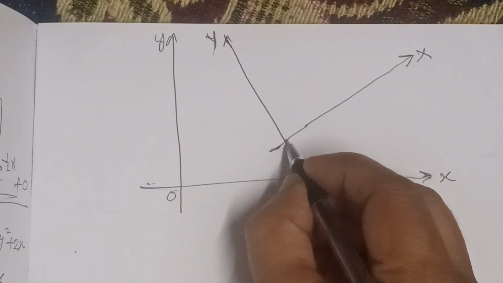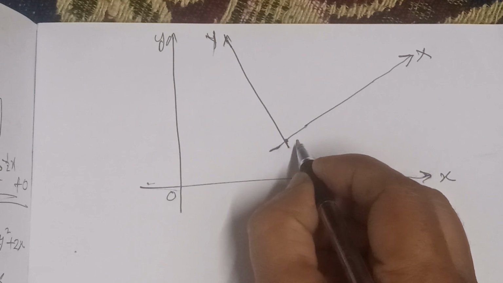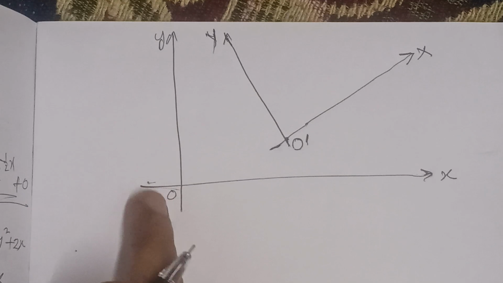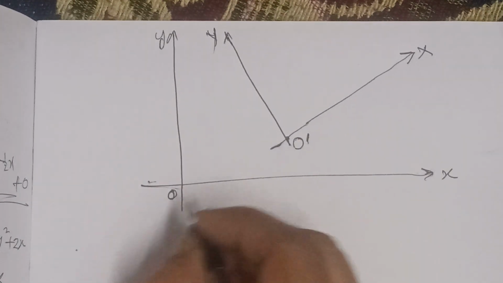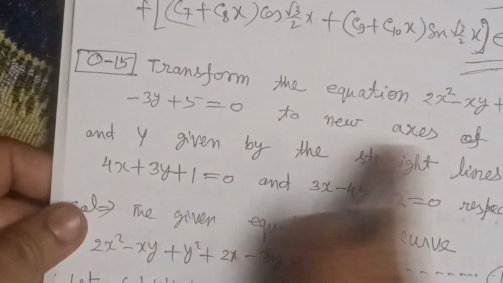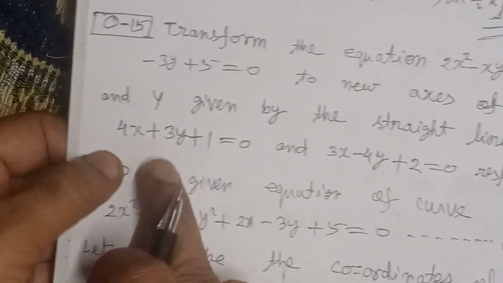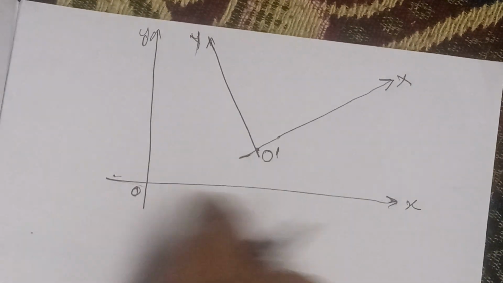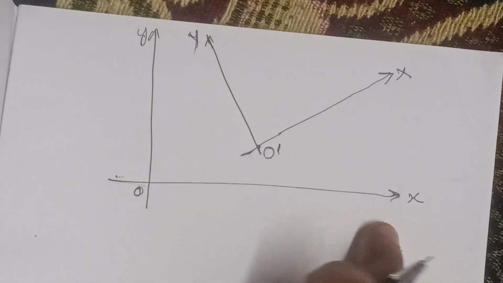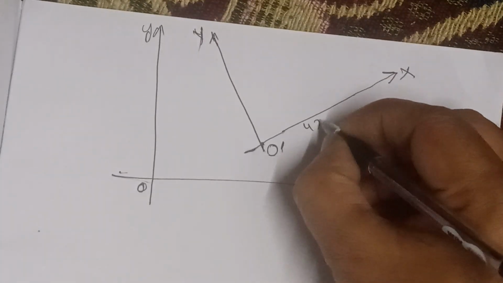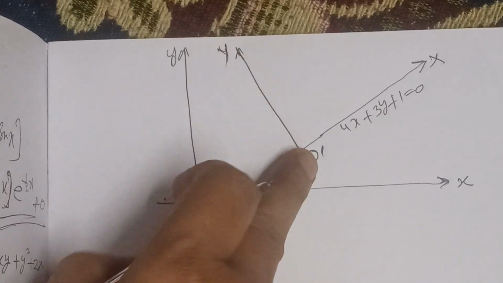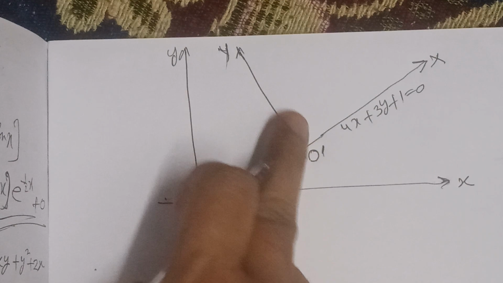I write this origin O dash in new coordinate system, and old coordinate system origin is O. X axis is 4x plus 3y plus 1 is equal to 0. So I write this equation with respect to old coordinate system, original coordinate system, 4x plus 3y plus 1 is equal to 0.